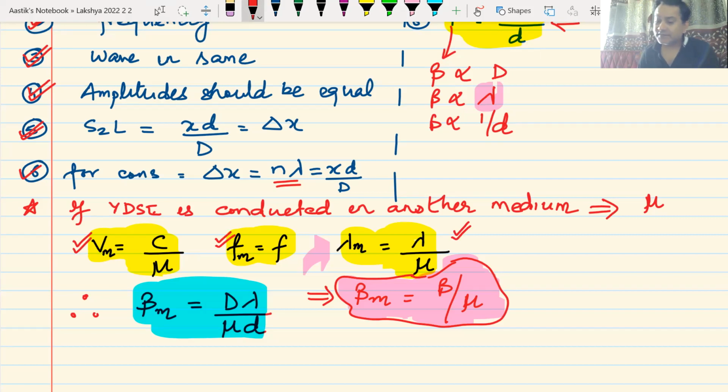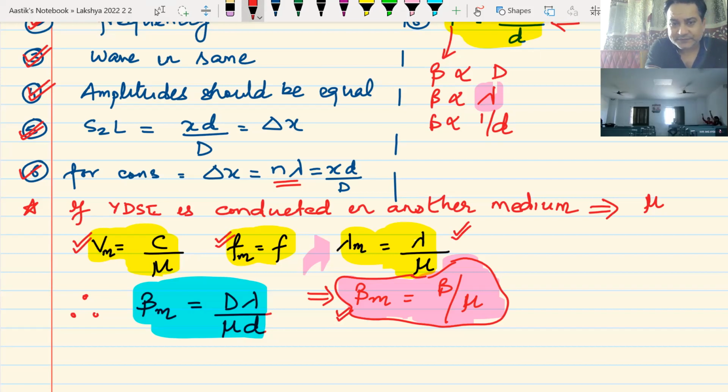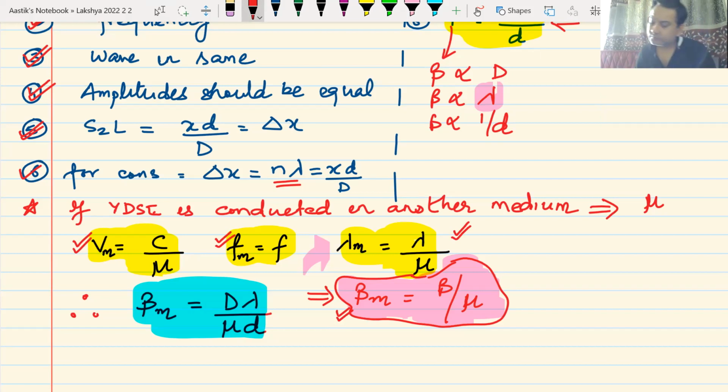Therefore, since fringe width is directly proportional to lambda, the fringe width becomes beta, the original fringe width, divided by mu. Do we all understand this? Can I have some raise hand that we understand this? Right. That was about Young's double slit experiment. We had done some questions as well.